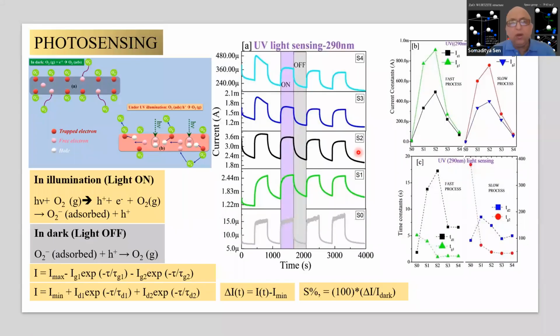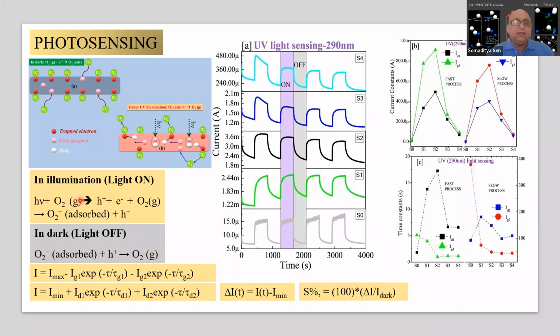And what happens actually? So when you turn on the light, the electrons are transported from the valence band to the conduction band. As a result, an electron hole pair is generated, and these pairs actually take part in the sensing process.